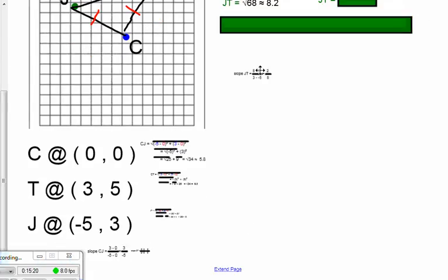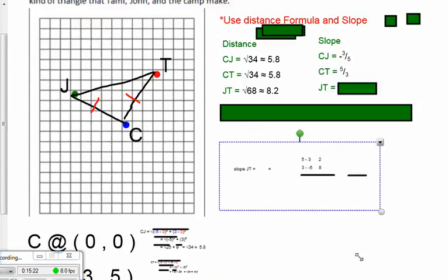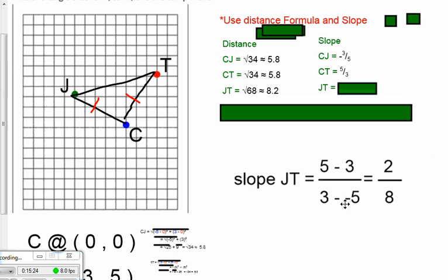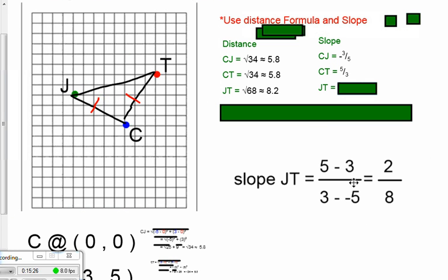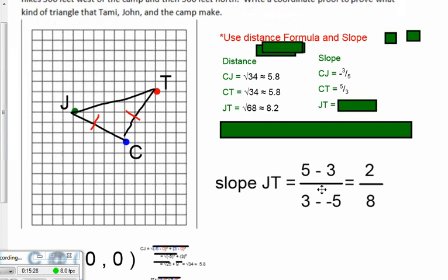And the last one, looking at the slope from John over to Tammy. Use our y values. 5 minus 3 is 2. Use our x values. 3 minus negative 5 becomes 8.